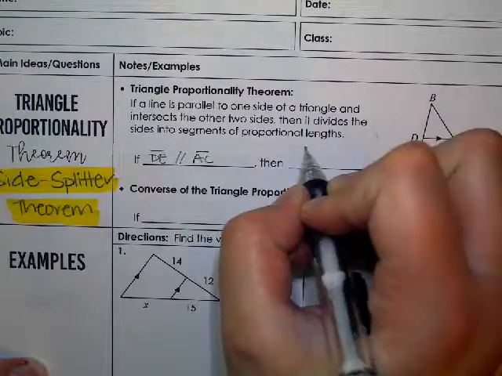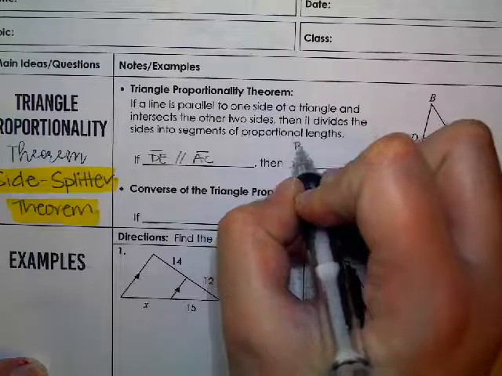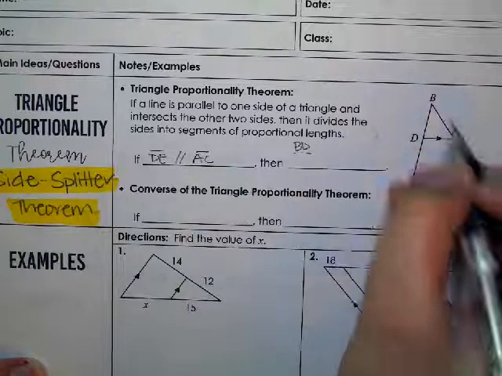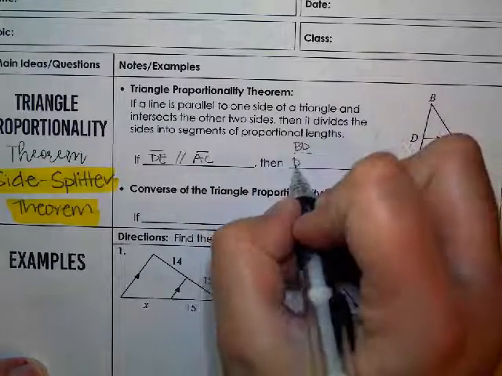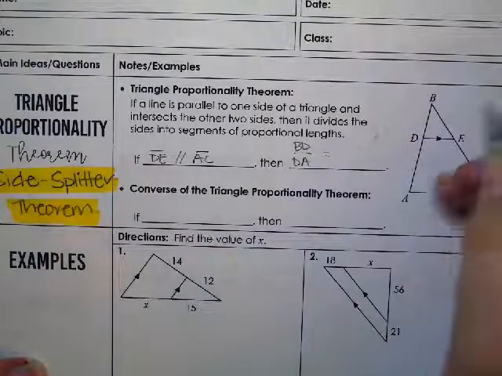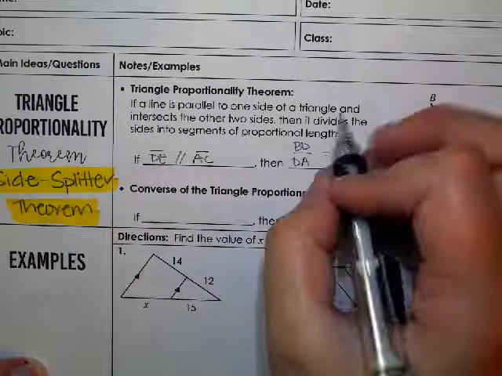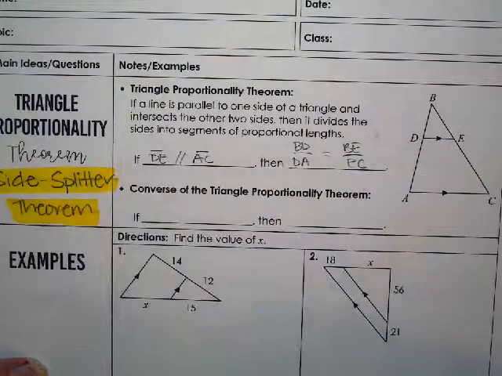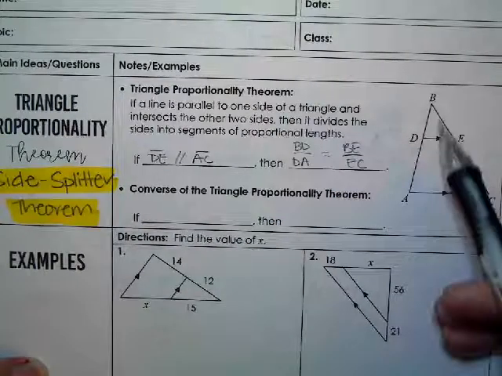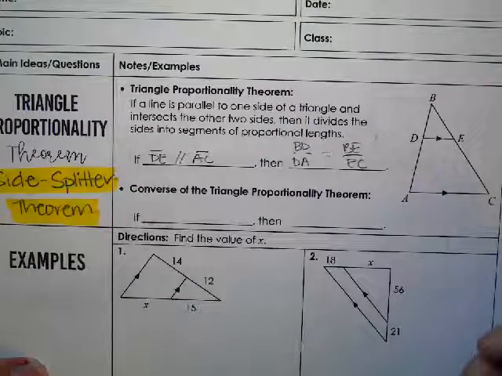So BD over DA is proportional to BE over EC. It doesn't matter how you write it. So side splitter theorem, because we split the sides and they are proportional to each other.